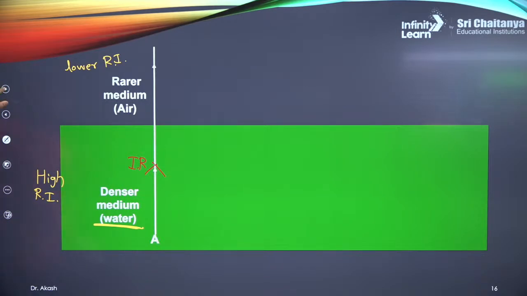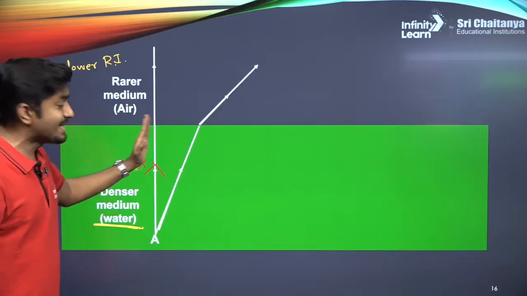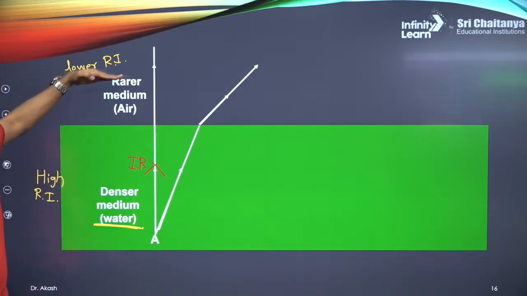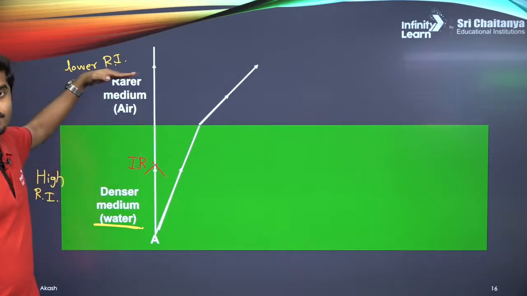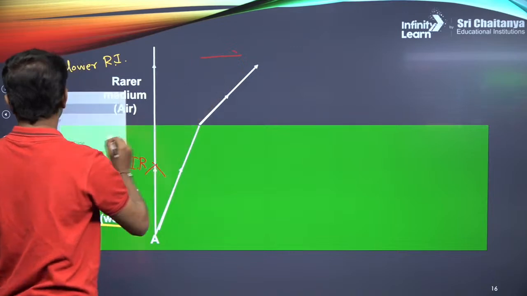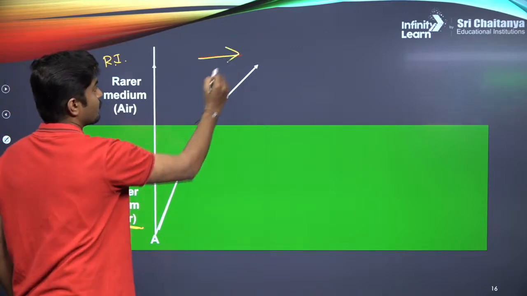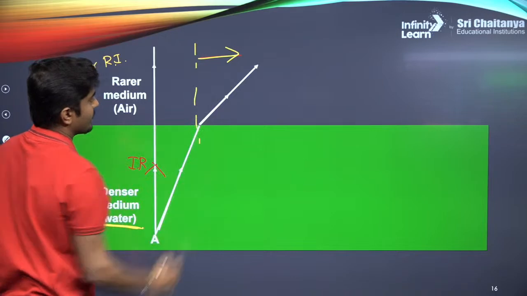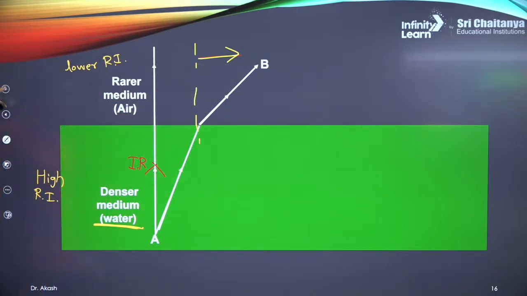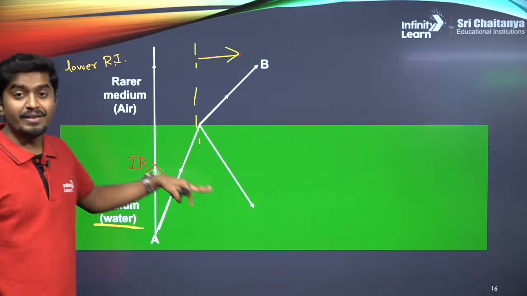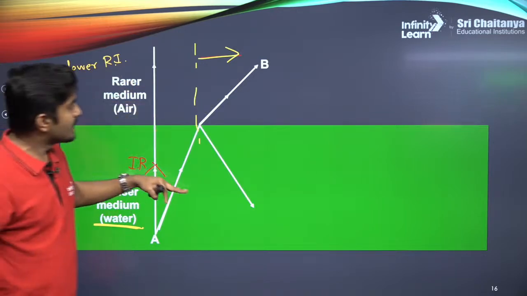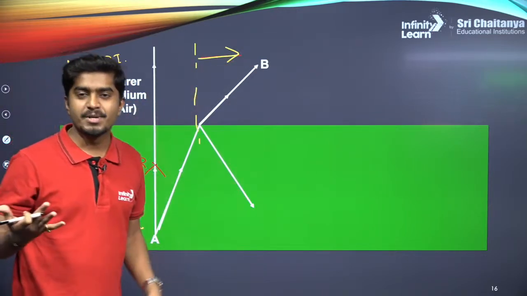Okay, so now you increase the angle of incidence. It is going from the denser medium to the rarer medium. What will happen? It is bending away from the normal. So this one was the normal here. Whenever the ray goes from denser medium to rarer medium, there is no 100% transmission.